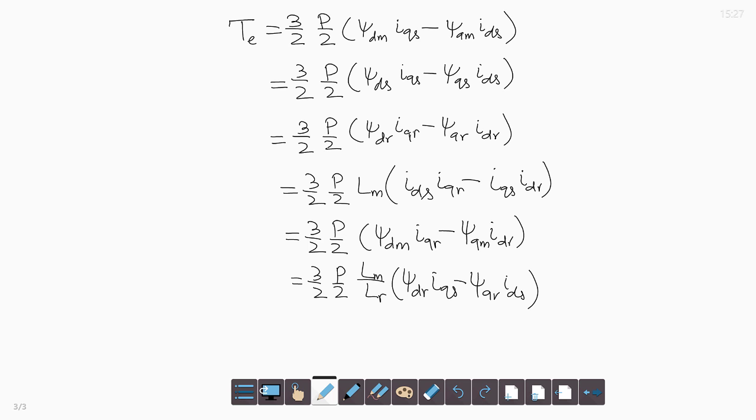The fifth equation uses air gap flux components and rotor current components as variables, and the last equation uses rotor flux linkage components and stator current components as variables.